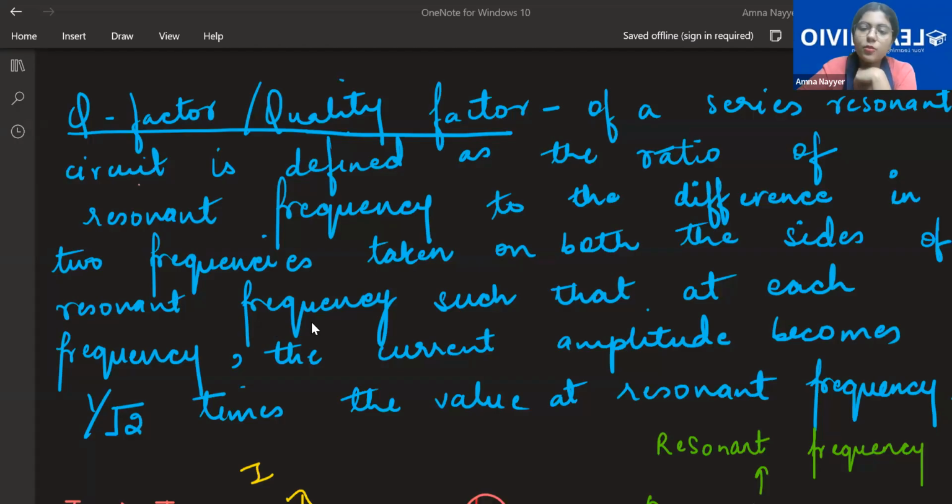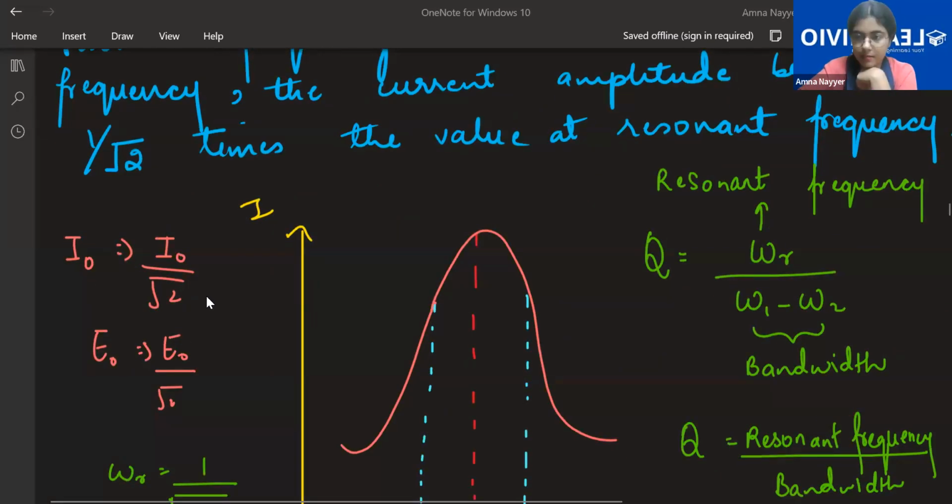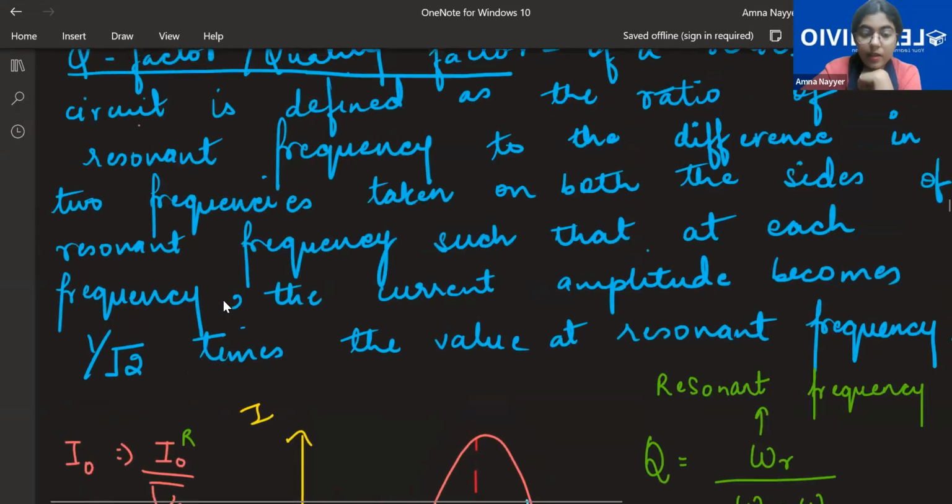Now, how to choose these omega 1, omega 2: at each frequency, the current amplitude becomes 1 by root 2 times the value at the resonant frequency. As I told you, its maximum becomes 1 by root 2. Whatever is the current at the resonance, EMF at the resonance, it will become 1 by root 2 times its value. So this is the definition.